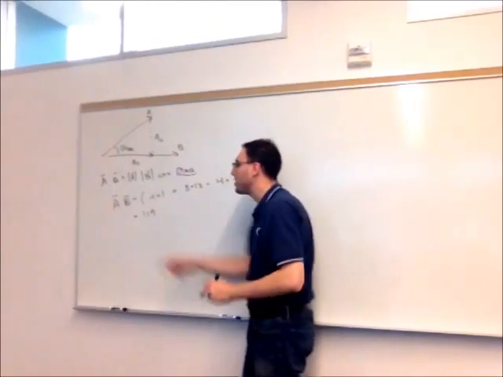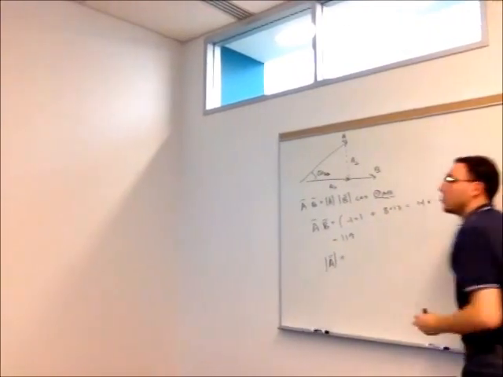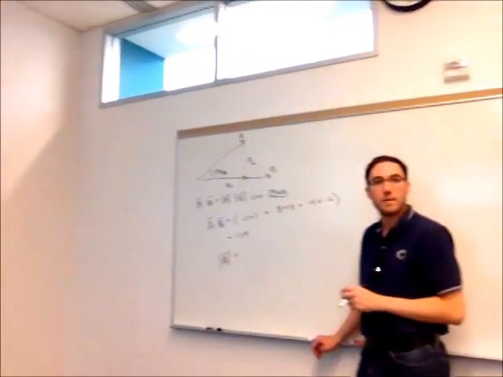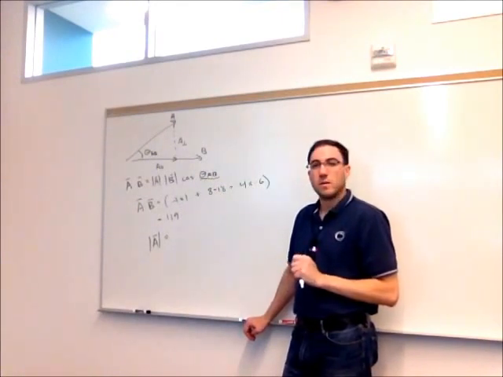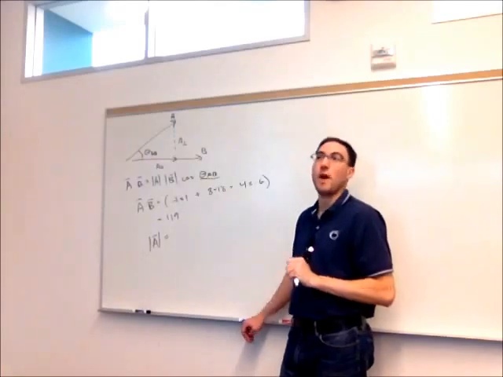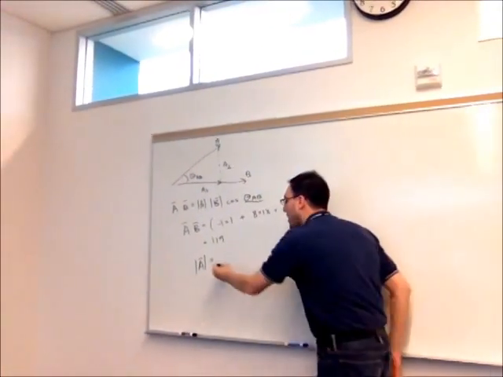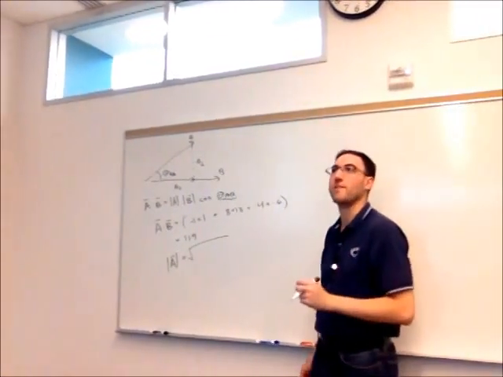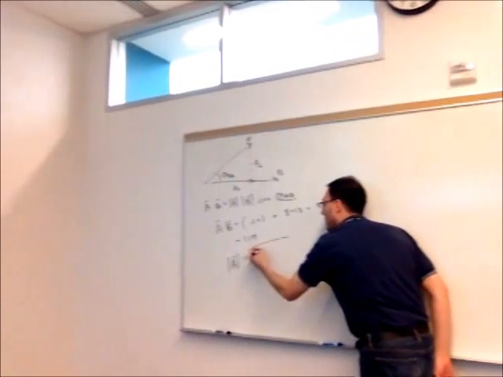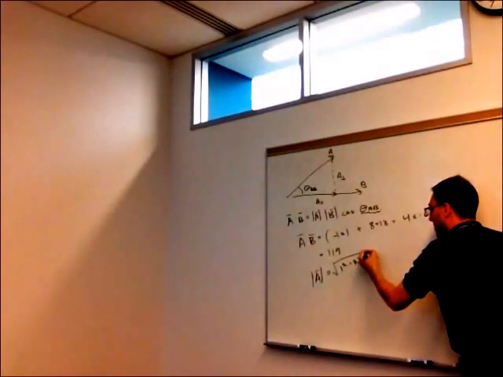We need magnitude A. So how do we calculate magnitude of A? Right, so distance formula, basically just of the components of A. So it's going to be the square root of the sum of the squares of the components of A. So that's going to be 1 squared plus 8 squared plus 4 squared.